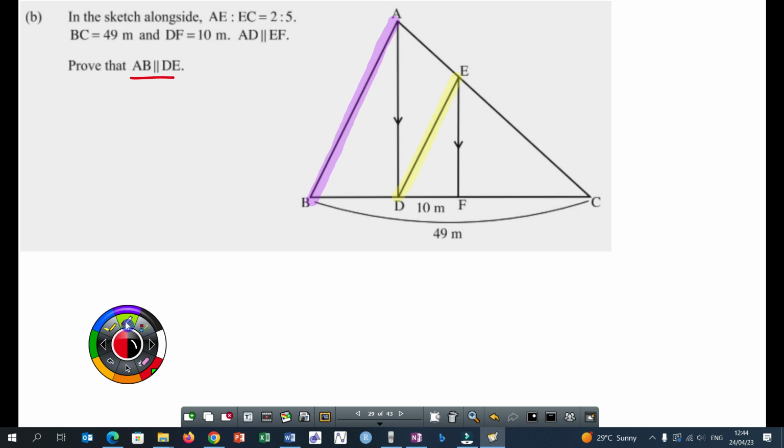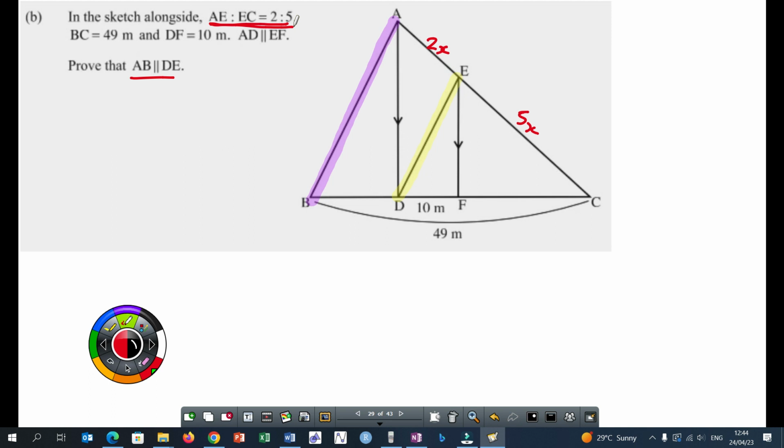But before I go there, we're given this ratio, okay? So AE, I can call it 2x, and EC, I can call it 5x, based on that ratio. Okay? Then, I'm not sure how you did the question, but I'm going to calculate the length of FC first.